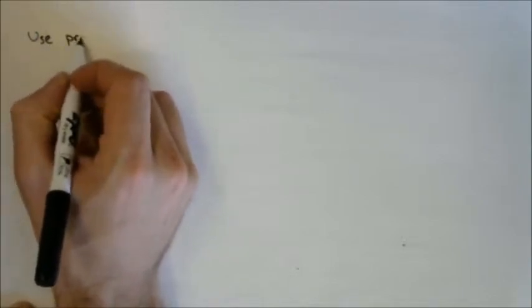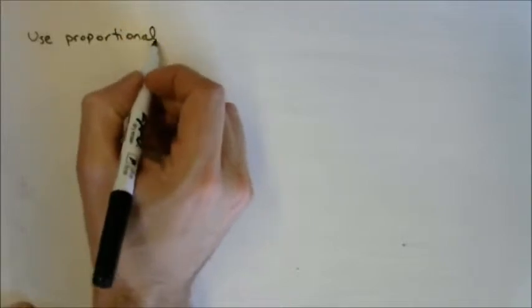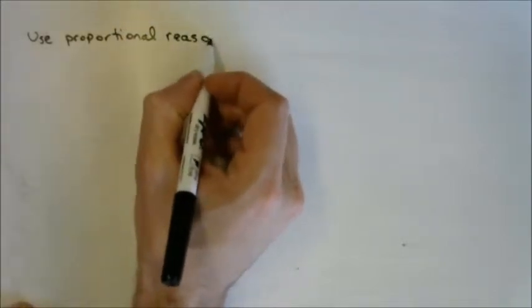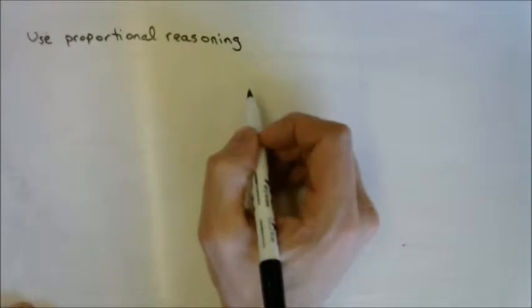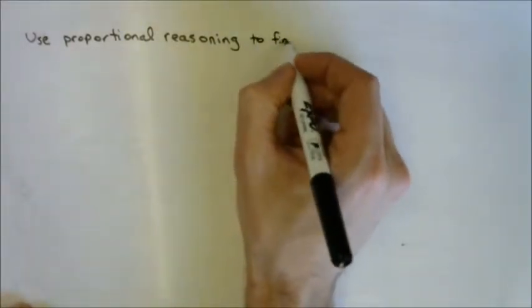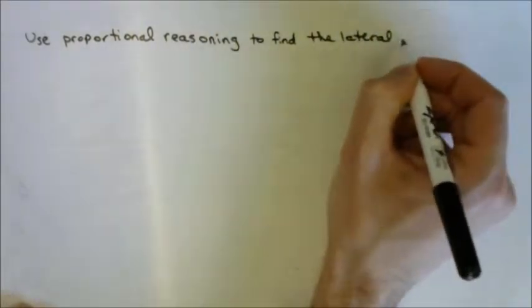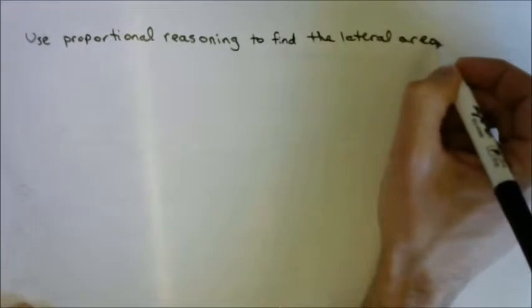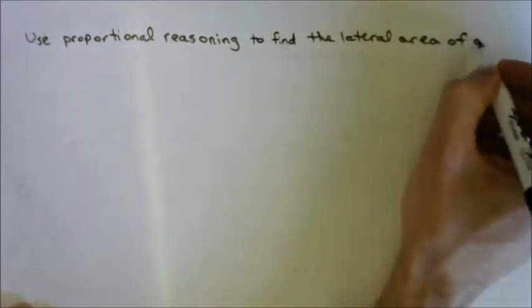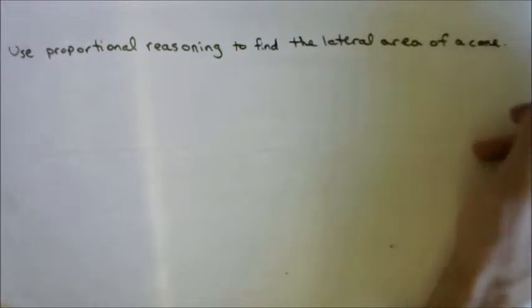Use proportional reasoning. So that just means think about proportions to find the lateral area of a cone. And we've done some thinking through that already with our investigation.